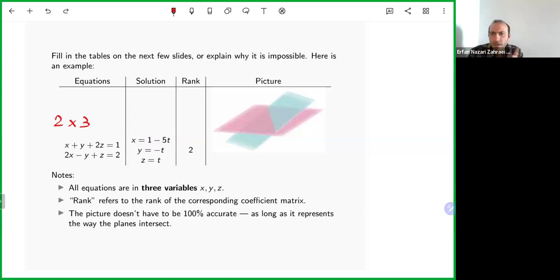Let me give you a very important remark. While the number of parameters is always the same, the parametric solution is not unique. So if you think that that's the only correct answer, no. Actually, for any curve or any line or anything, there are infinitely many different parameterizations of it.